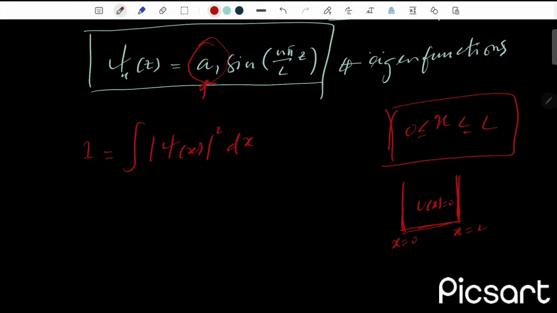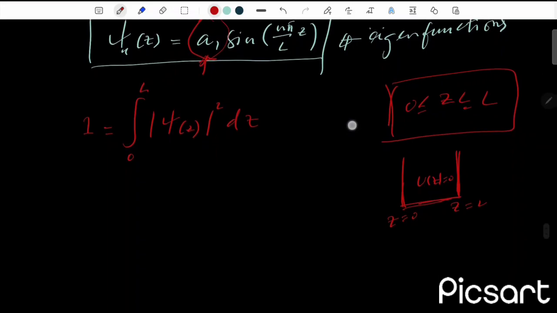Then we must take the integration between 0 and L, and here it's z, also here z.